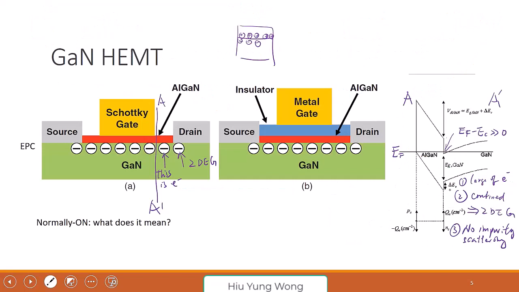We did not introduce any foreign atoms. It's all gallium nitride. The lattice is not distorted, so there's no impurity scattering. So it has high mobility. That's why it is a HEMT, high electron mobility transistor, right?